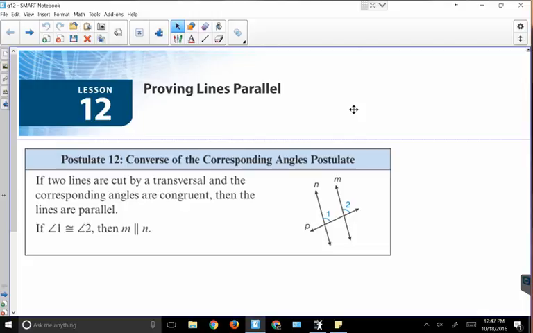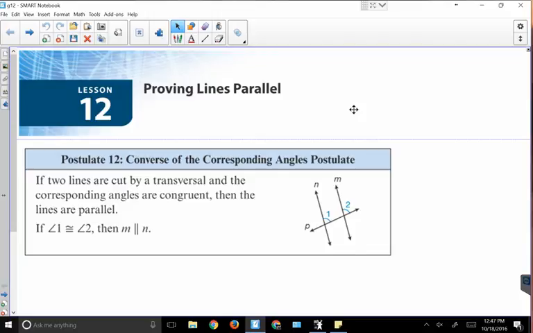Now, I realize that when you're looking at these things and you see converse and regular, straightforward ones, you think they kind of mean the same thing. As I read this, it says if two lines are cut by a transversal, then the corresponding angles are congruent, then the lines are parallel.